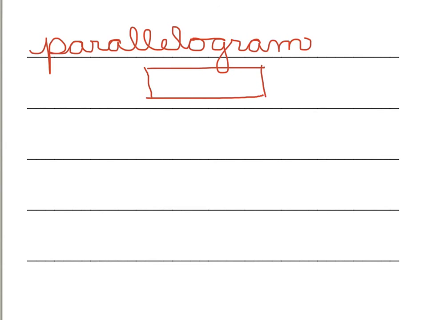You could go straight up and down, they're parallel. You could have drawn something that looked like this, where the lines are parallel this way. Just make sure you don't get lazy and forget to erase. So, a parallelogram.